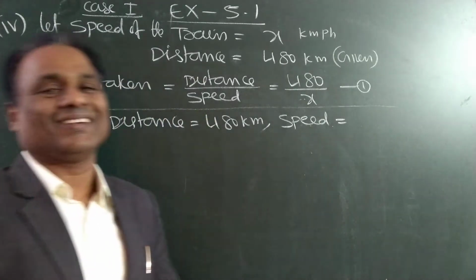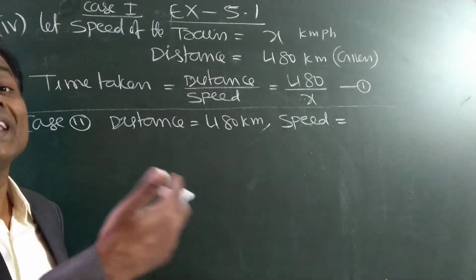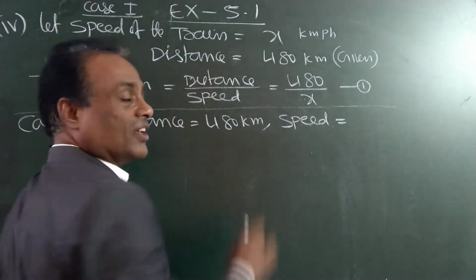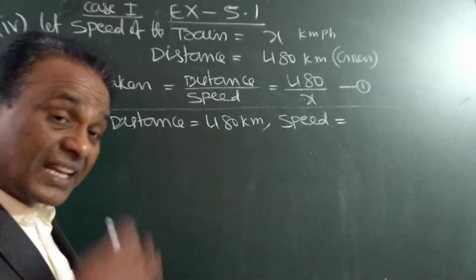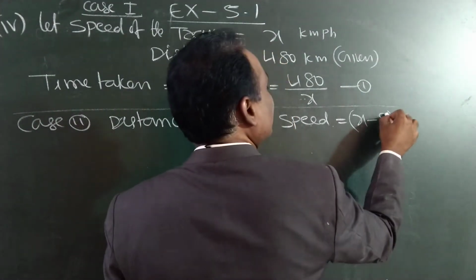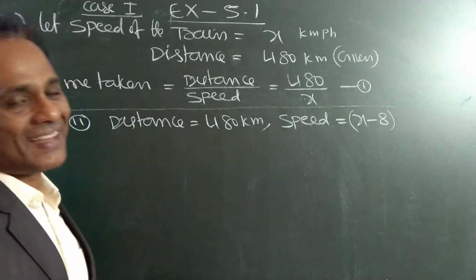The original speed was x kilometers per hour, so decreased by 8, now the speed is x minus 8.